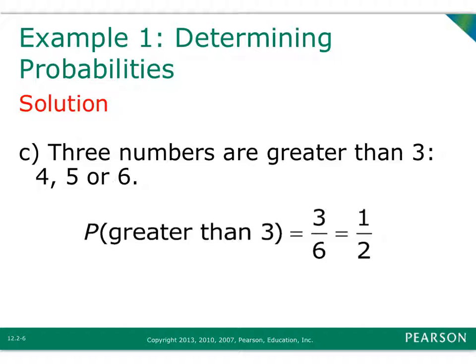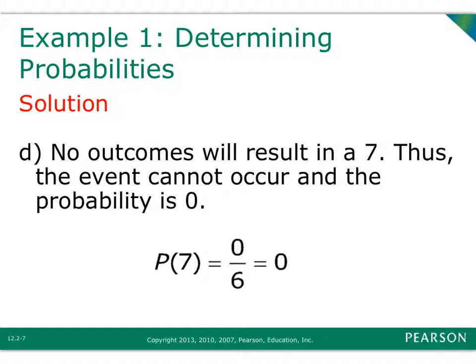For the next solution, 3 numbers are greater than 3: 4, 5, and 6. So the probability of a number greater than 3 is 3 numbers divided by 6 possible ways, which is 1/2. Finally, no outcomes will result in a 7.